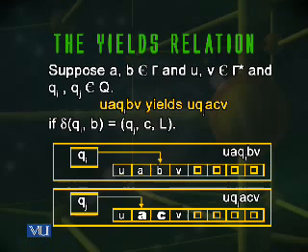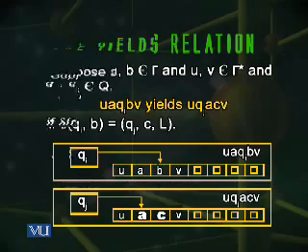It has replaced the symbol B and moved to the left. Here is a picture of what the yields relation does in this case. This only handles the case when the Turing machine is moving to the left.